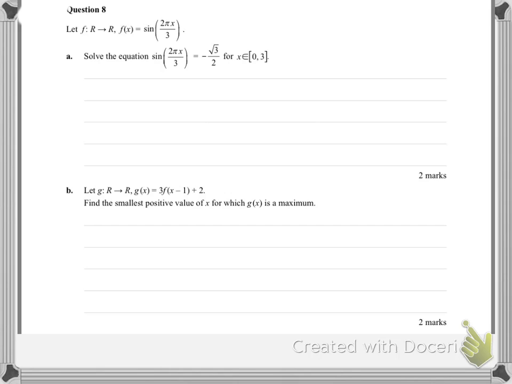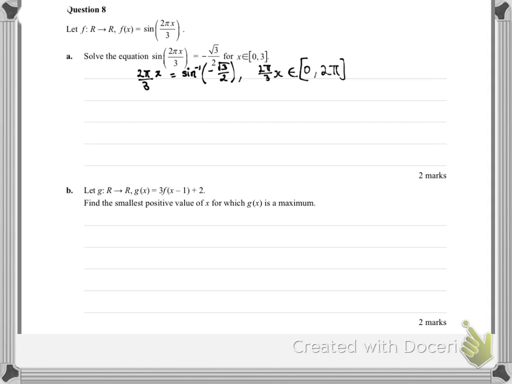Okay, now thinking about this circular function f of x, we're first going to solve this equation. Okay, so look at the domain. This is for x numbers from 0 to 3. So when we're solving circular functions, it's important to get an adjusted domain as well. So first off, we need to do the inverse sine of the right hand side number.